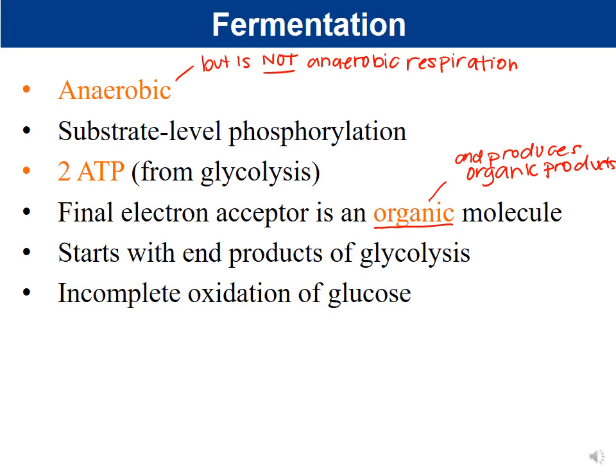So fermentation is going to use substrate level phosphorylation. The fermentation itself starts with the end products of glycolysis, meaning that it starts with pyruvate. And again, during fermentation, we get incomplete oxidation of glucose, meaning that the glucose is not broken down fully, and we end up with organic products. They still have a lot of energy left.